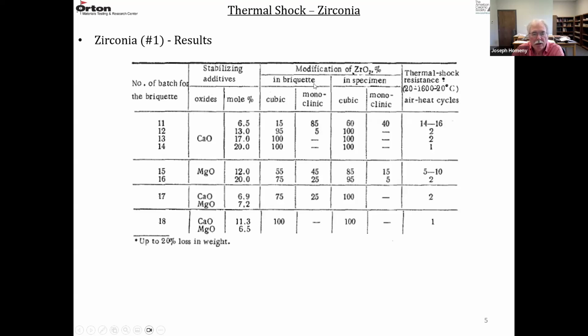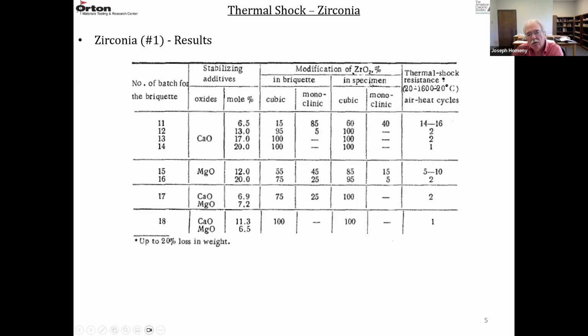And then in the briquette they pressed, this was the X-ray diffraction analysis. So 6.5 had 85% monoclinic, 15% cubic, 13% had 5% monoclinic and 95% cubic. And then the 17 and 20 mol% lime additions were all cubic.